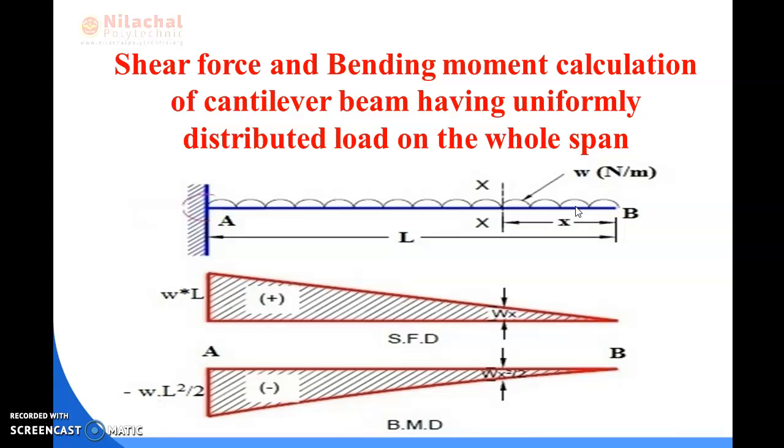The perpendicular distance should always be at half of the span that you have considered. That means if we consider the distance X from here to here, then the perpendicular distance should be X by 2. Okay. So whatever distance you take, you have to put half of the distance as the perpendicular distance.